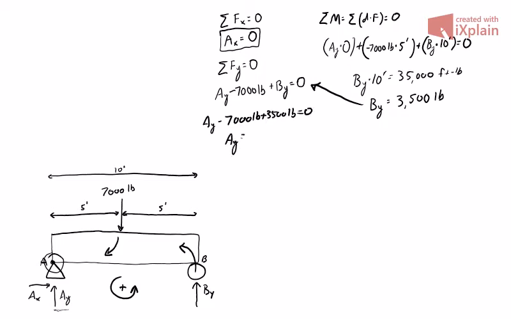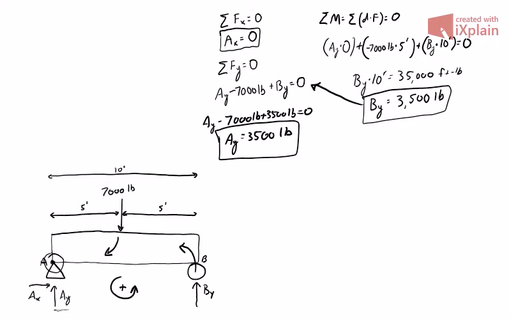Therefore, AY is also equal to 3,500 pounds. So does this make sense? We look at our picture, the 7,000 pounds is directly in the middle of our beam. So it makes sense that it's splitting the load equally between point A and point B. All right, so that's our answer for example problem 1A.